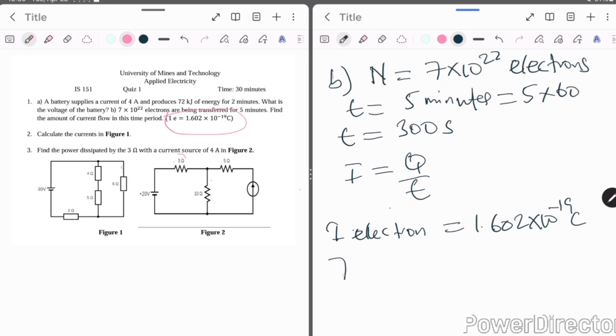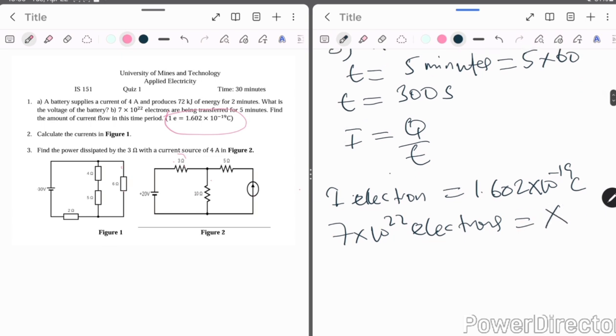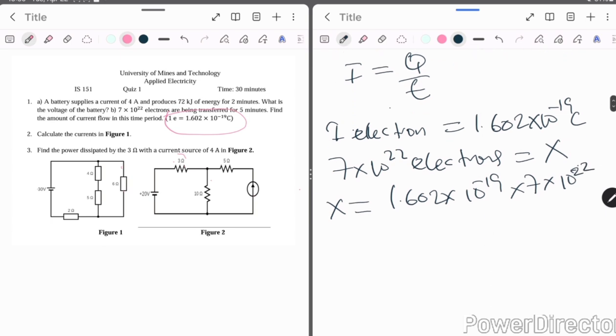Now, if we are having 7 times 10 to the power 22 electrons, how much charge will I have? So with this we cross multiply. We get this to be equal to 1.602 times 10 to the power minus 19 times 7 times 10 to the power 22.